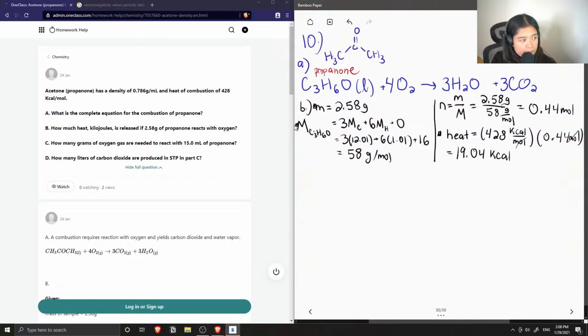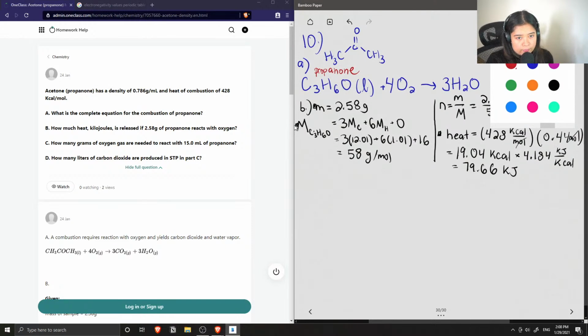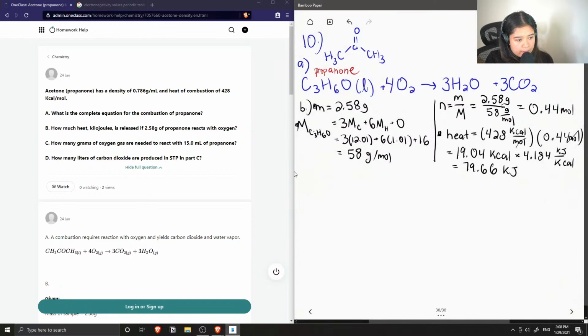And the question wants us to give it in kilojoules. So we just need to multiply by the conversion factor, which is 4.184 kilojoules per kilocalorie. And our final answer is 79.66 kilojoules. Okay, so that was part B.